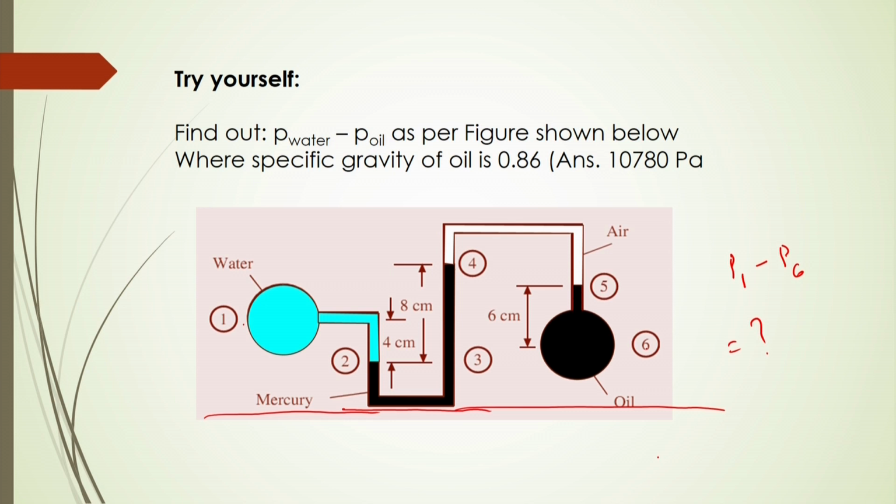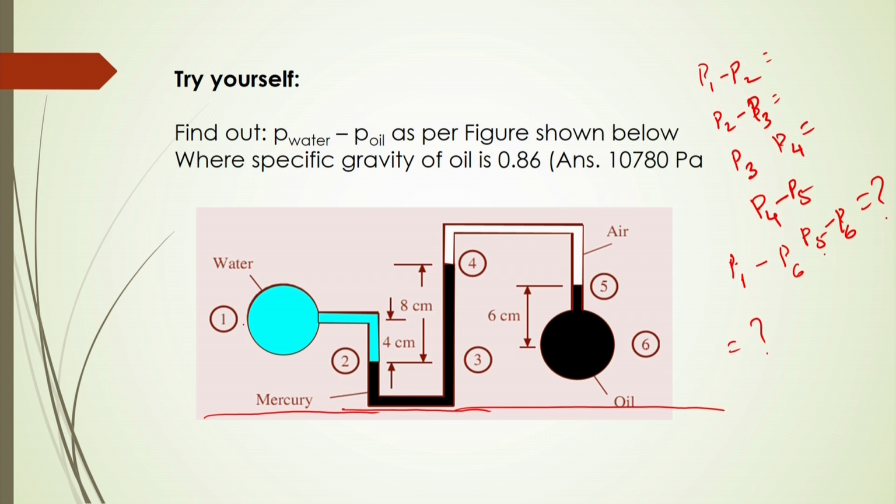So you just calculate P1 minus P2, then P2 minus P3, then P3 minus P4, then P4 minus P5, and then P5 minus P6.